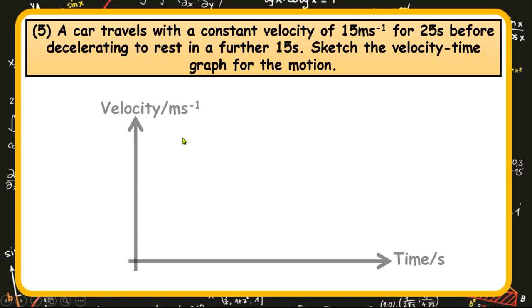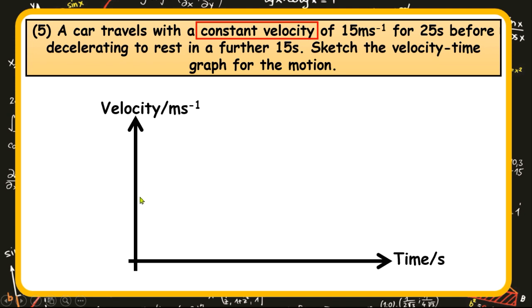So this is already labeled as taking the sentence one after the other. You can say this car initially started with a constant velocity of 15 meters per second.